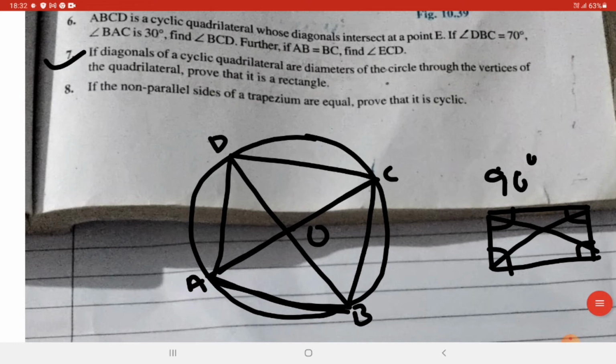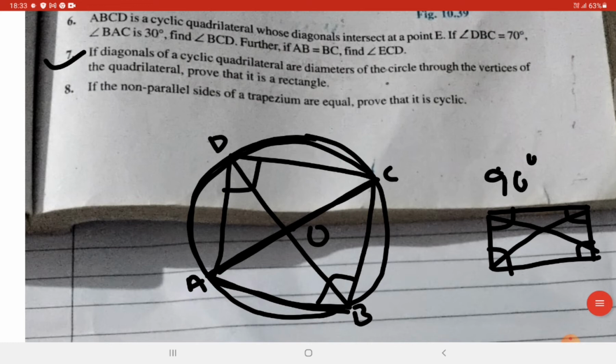Okay, see, AOC is a diameter, then ADC is the semicircle. Then angle ADC is 90 degrees, angle in a semicircle. Same way, angle ABC is 90 degrees, angle in the same semicircle.